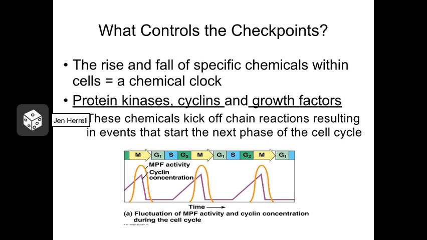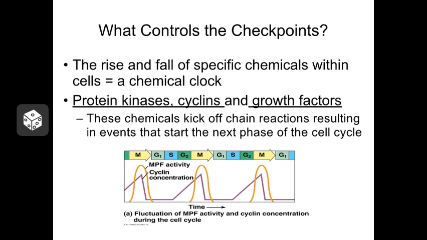There are a number of molecules that work together to make up this chemical clock, including things like protein kinases, cyclins, and some molecules called growth factors. The way this works is that these molecules will rise and fall as the cell goes through its different phases. They work sort of like hormones in a woman's monthly cycle. You know how hormones go up and down at certain points during the cycle, and that causes different physiological events to happen in the woman's body.